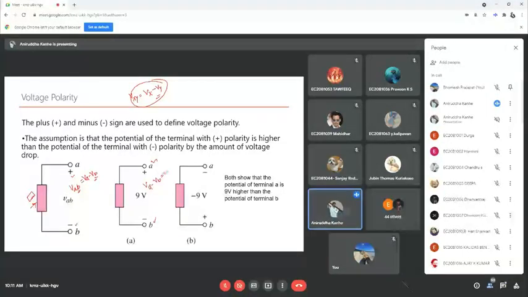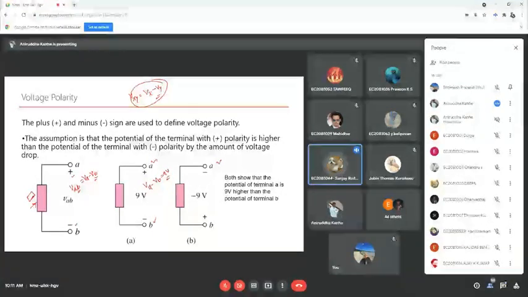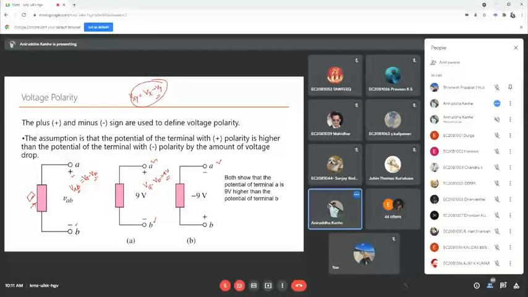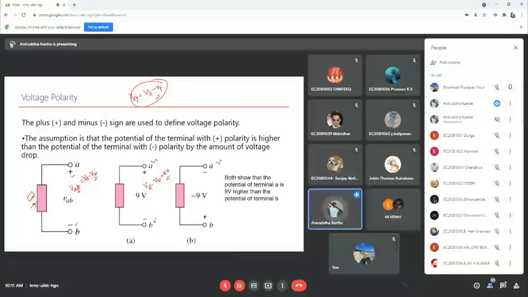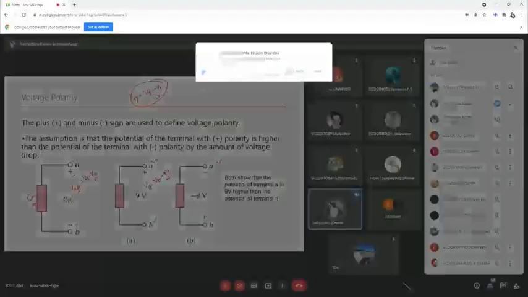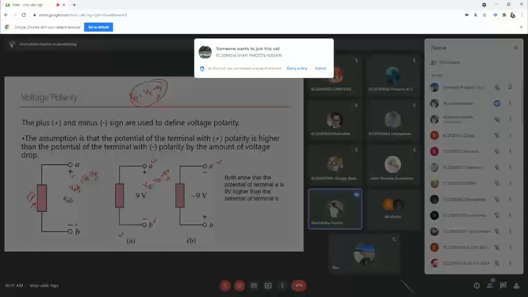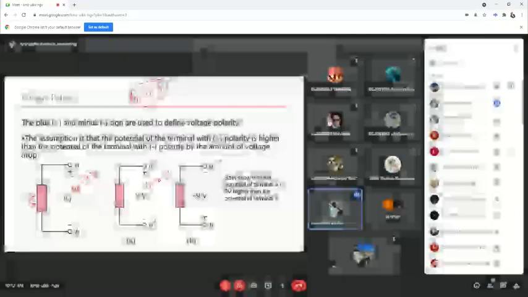is 9 volts. And in this case, can anyone comment whether these two, A and B, are the same or different? VB minus VA is 9 volts, sir. So whether those two equivalent circuits are the same, whether they represent the same element or it's different?